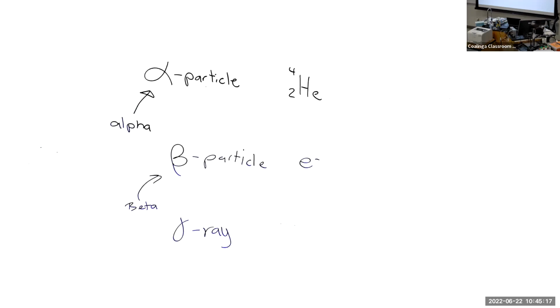Gamma rays are going to be the worst, depending on how many gamma rays are emitted from the source. Okay, so this is the symbol for gamma. Alpha, beta, gamma.